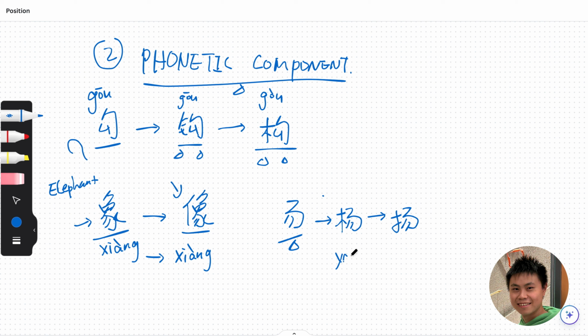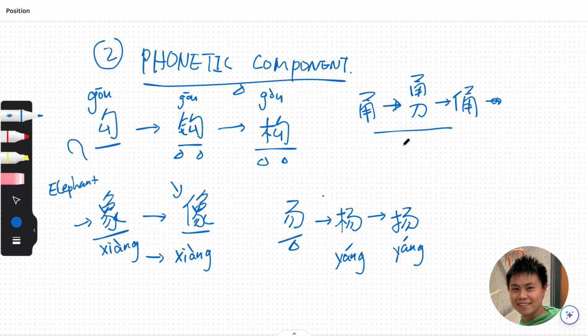It's all pronounced 羊, and this one it's all pronounced 勇. So when you encounter these kinds of characters, you can remember this part and just add a radical part that's related to what it means. Then you got your whole character.